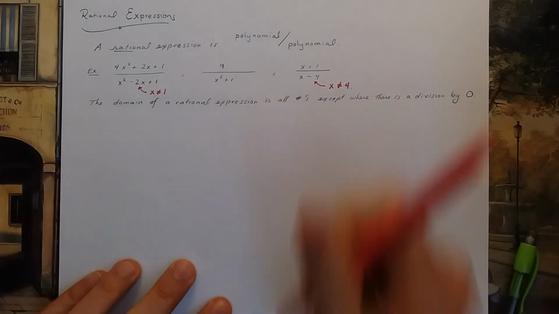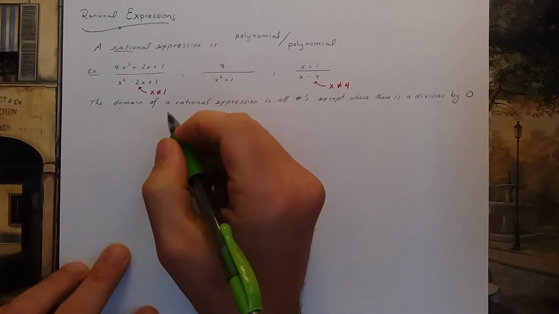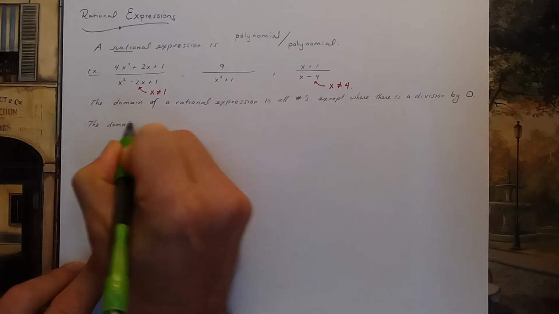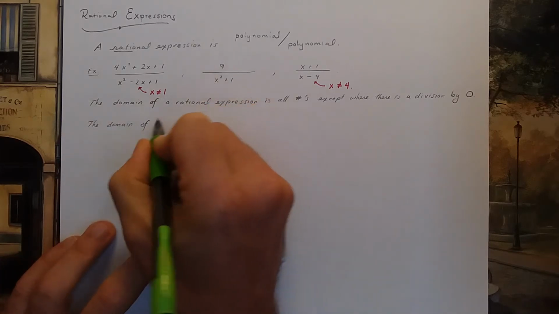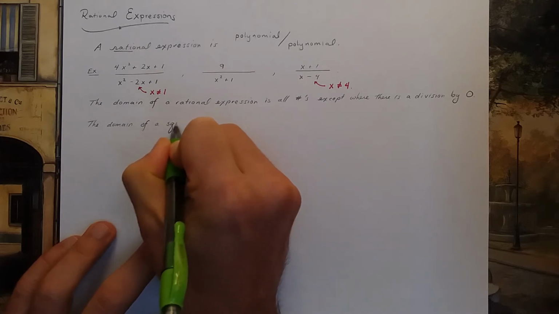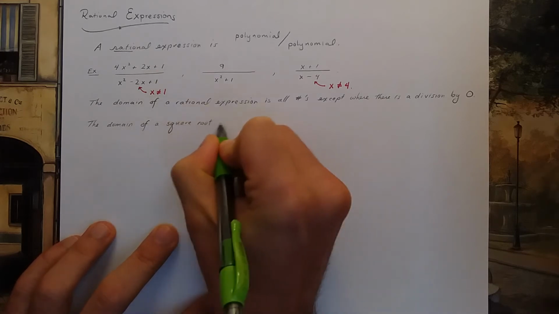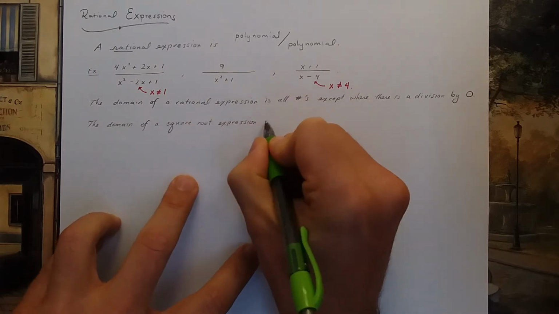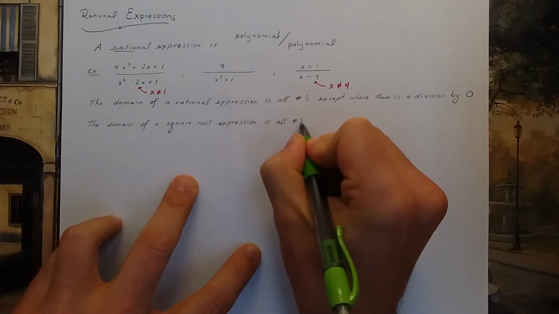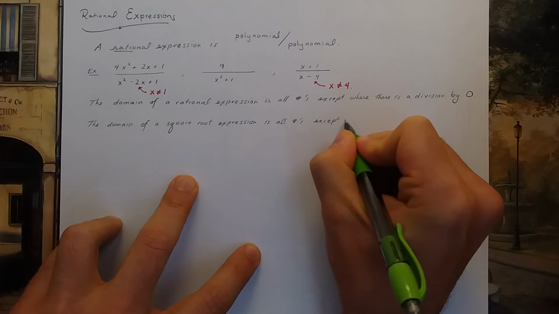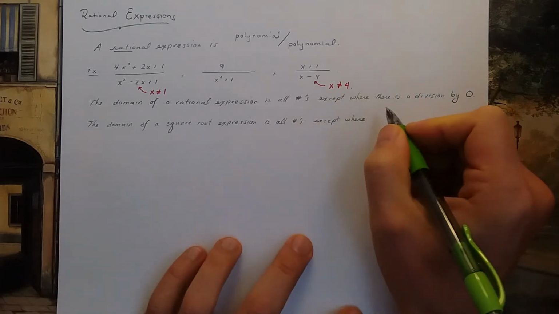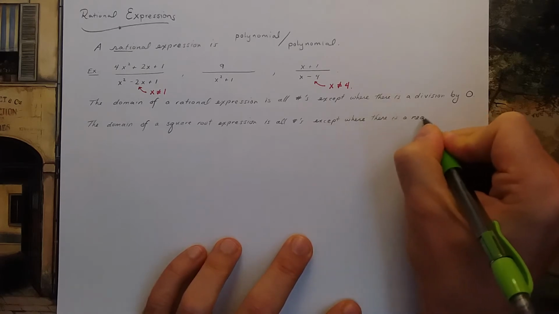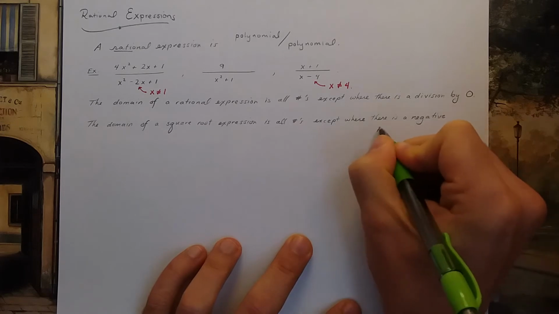We should also mention domains of square root functions. So the domain of a square root expression is all numbers except where we have a negative in the square root.